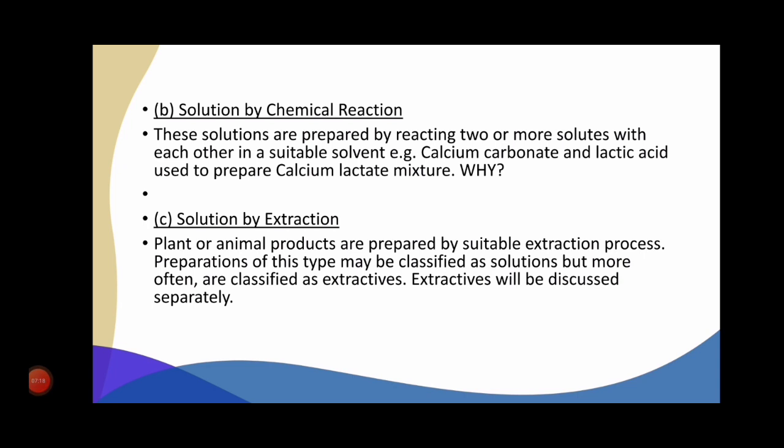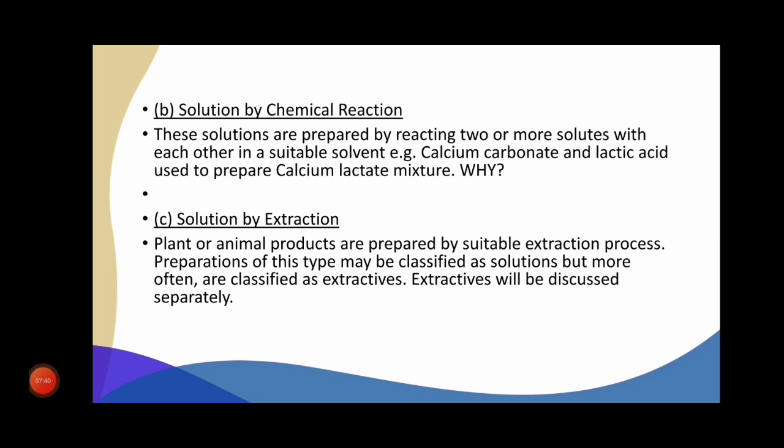So for solution by chemical reaction, these solutions are prepared by reacting two or more solutes with each other in a suitable solvent. For example, calcium carbonate and lactic acid are used to prepare calcium lactate mixture. Why?